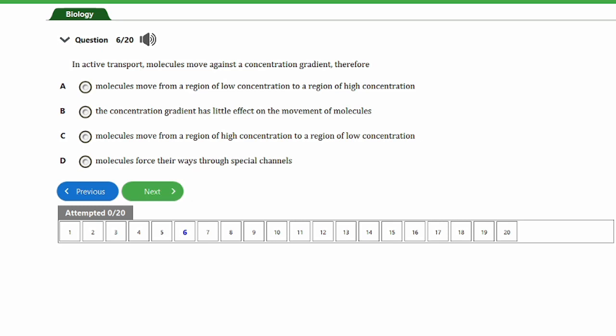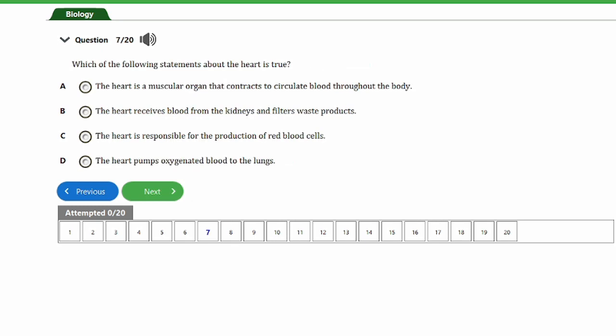So when molecules move from the point where they are in low concentration to the point where they are in high concentration, we'll call that movement against their concentration gradient, because a movement in line with the concentration gradient should be in a manner that molecules move from where they are in high concentration to where they are in low concentration. But when it goes against this rule, it's against the concentration gradient, and that's what is often seen in active transport. So guys, this is the correct answer to this question, and that's option A. So let's consider the next question.